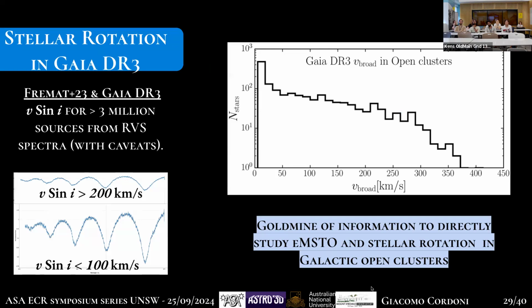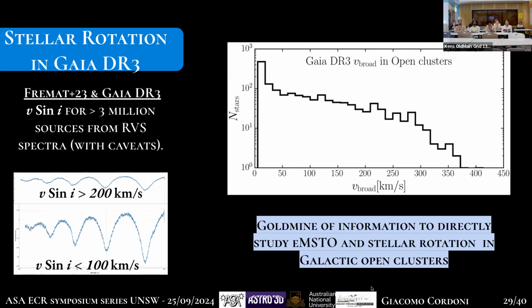Now, the rotational velocities are actually good, but the RVS spectrograph was not designed to do this task. So you can use them with some caveats, with some quality cuts, but you can see that from this line here, for fast rotating stars, lines are quite broad. If you go to slow rotating stars, then you have lines that are narrower and deeper. So, okay, it works quite well.